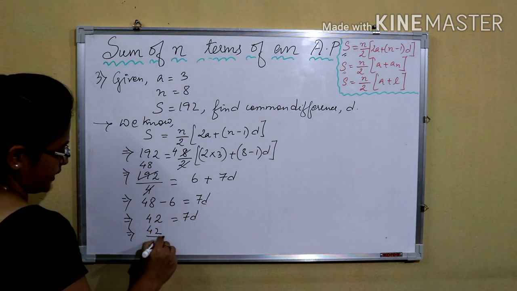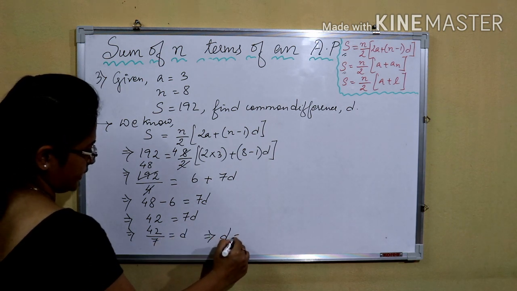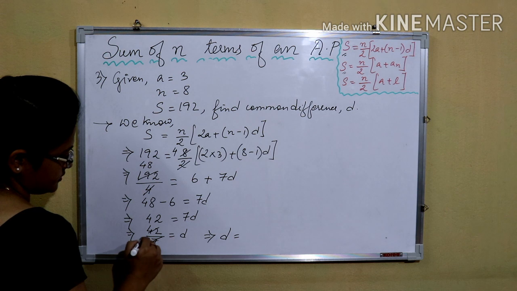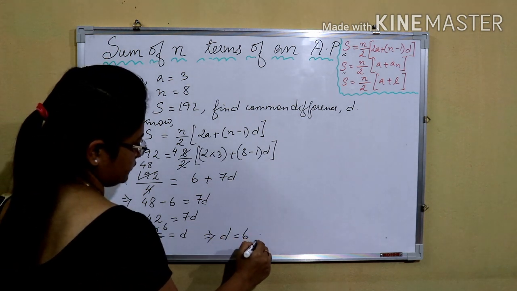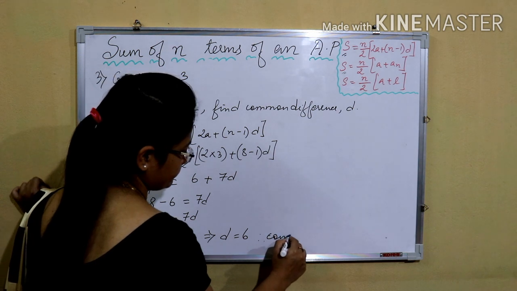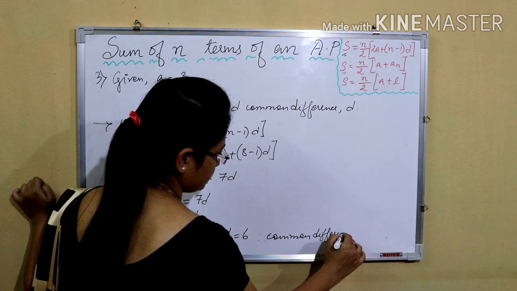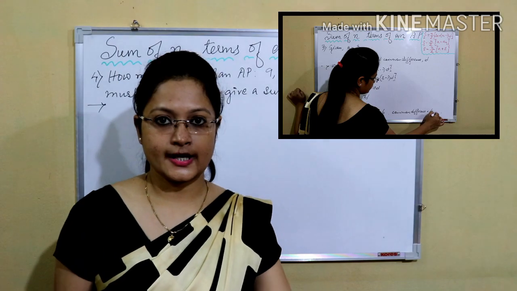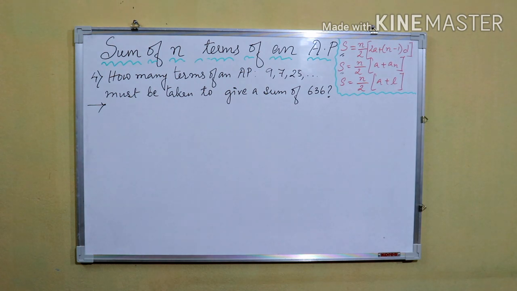So 42 by 7 is equal to d. So d we will be getting, 7 6s are 42. So therefore 6 is the common difference we got.